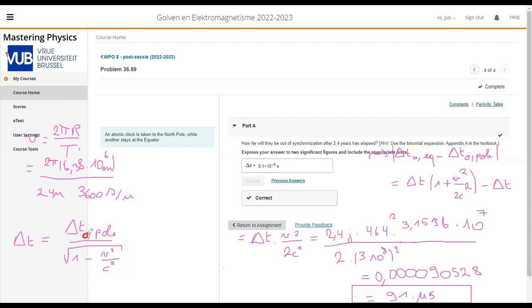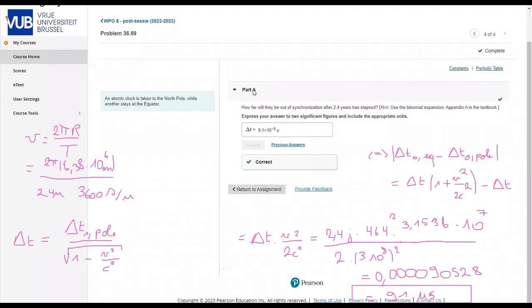So this is the formula you have to use. What we're going to do is just search for the T, delta T. So what I did is I put this there. Maybe I will place it like this so you can easily see the exercise.